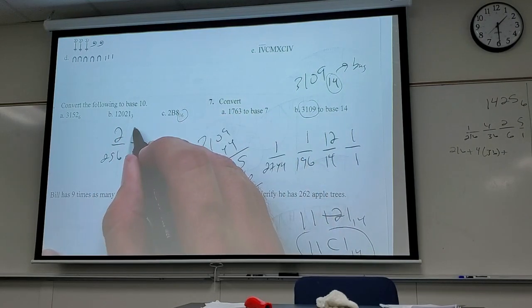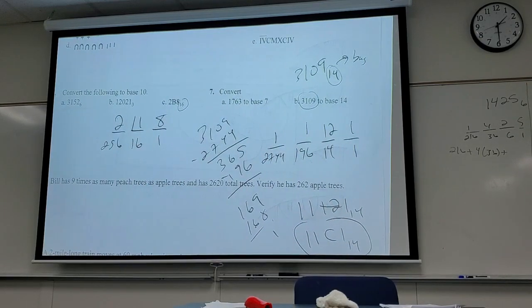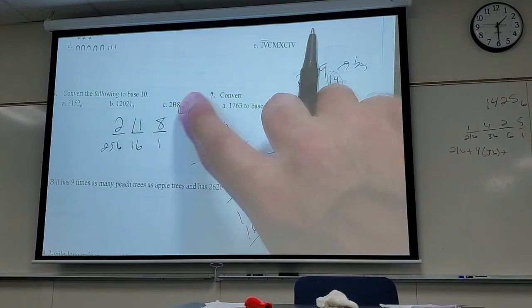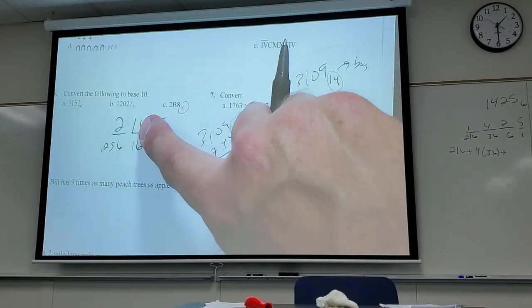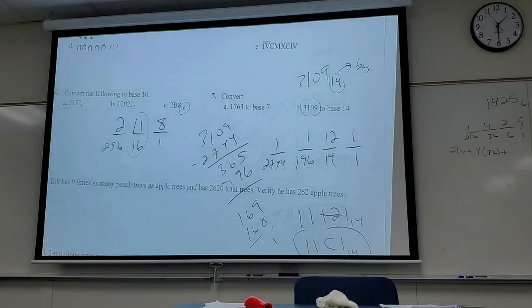What's B? 11. 8. Is that cool? Is that all right? Yeah, that makes sense. It's already base 16, so as I do this, I'm already writing base 10 numbers. I might as well write this as a base 10 number because I've already got the one place identified, right? Okay. And then you just put that together, yeah.